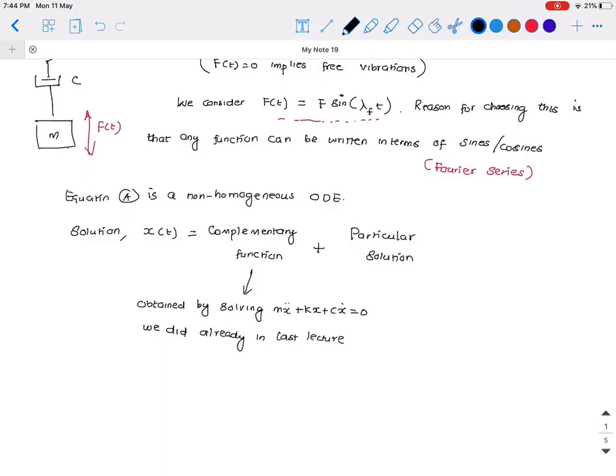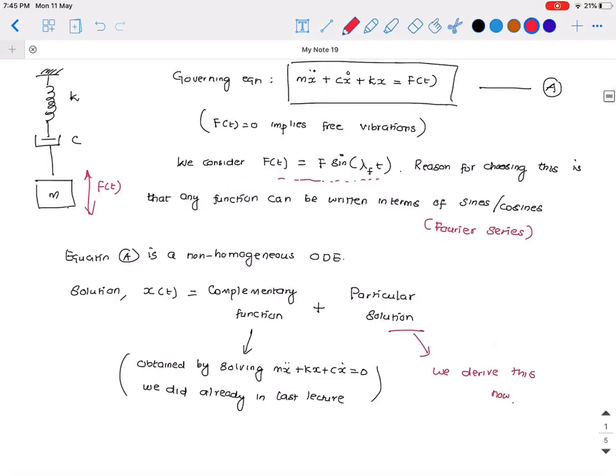So we will not bother about this, and in this lecture we are going to be concerned about the particular solution. We are going to derive the particular solution for this non-homogeneous ODE now.